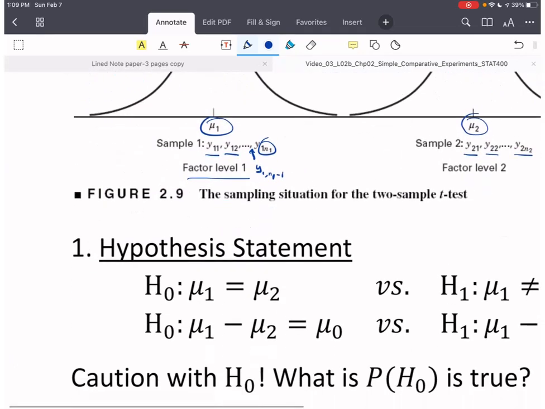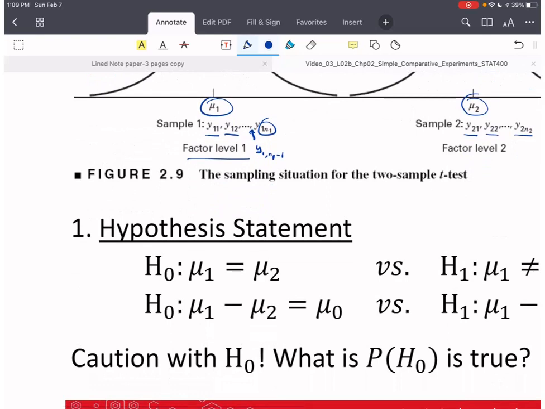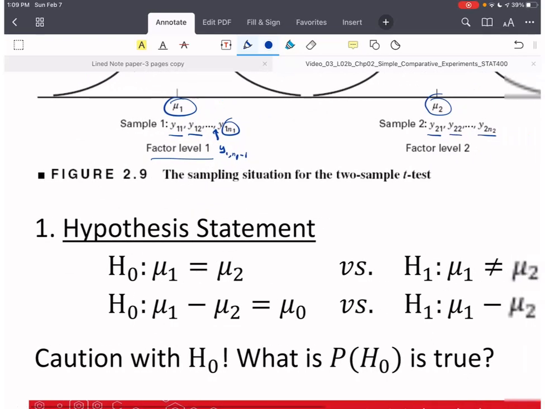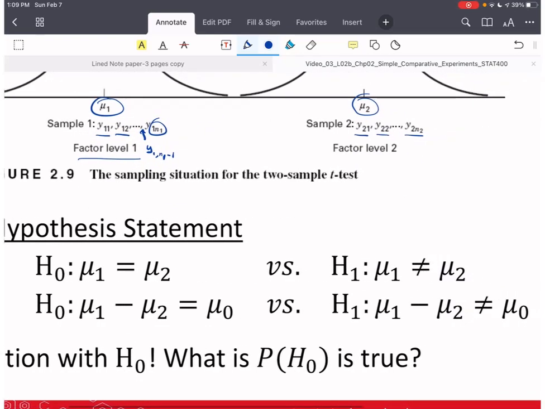Now, the hypothesis statement. We can write the hypothesis statement one of two ways for this test. We can write H naught: mu1 is equal to mu2, versus H1: mu1 is not equal to mu2.